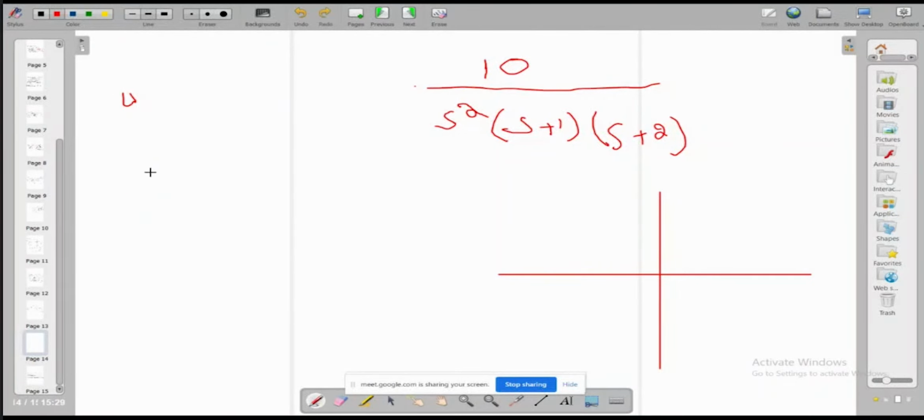Calculate magnitude and phase at omega equals to 0 and at omega equals to infinity.